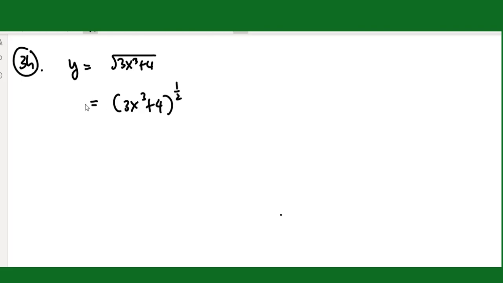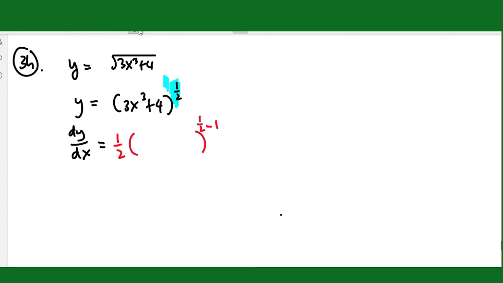Power rule. Now we're going to differentiate y with respect to x, by writing dy/dx. This one is the power rule. Bring the power to the front, so you get half, and then half minus 1.